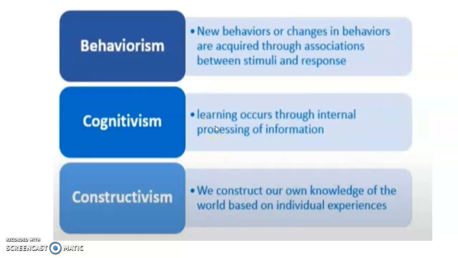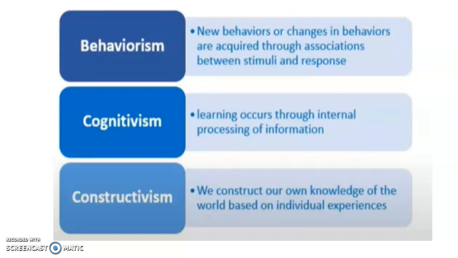These three learning theories are different from each other. In behaviorism, new behavior or change in behavior is acquired through association between stimulation and response. So basically, you will introduce your learner to some stimulation and guide them to find a link to a new change in behavior due to this stimulation.